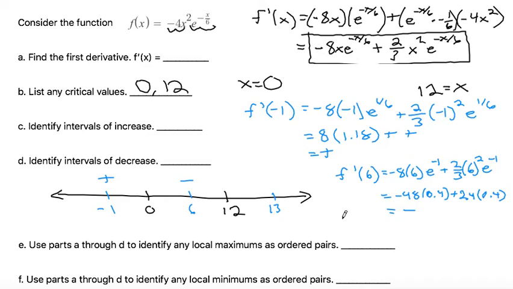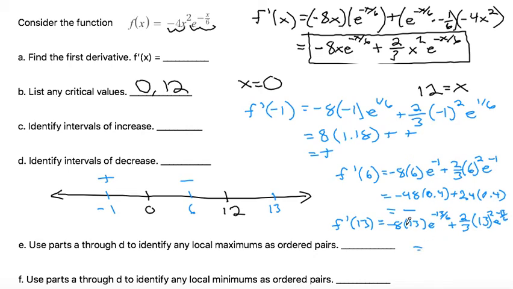And let's find f prime of 13. We have -8 times 13, e to the -13/6, plus 2/3 times 13 squared, e to the -13/6.